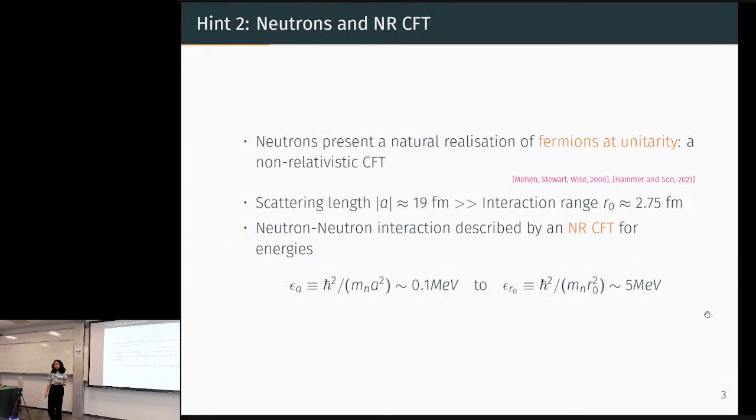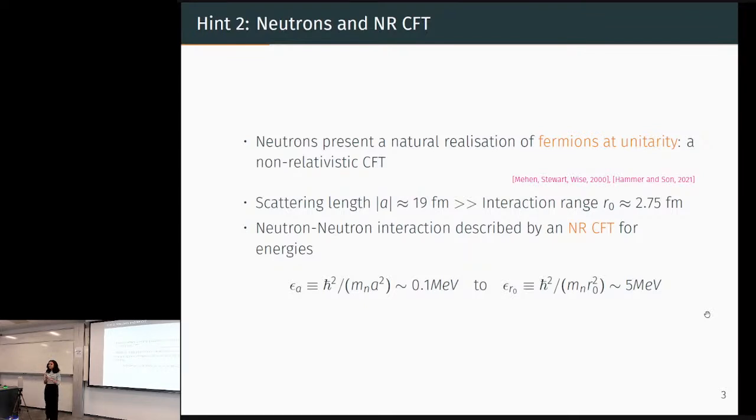The second hint that helps us is to understand this decay process of the neutrons. Before the neutrons become free, they are interacting with each other, and we can understand that interaction by just some natural properties of the neutrons. Neutrons by themselves present a natural realization of what is called fermions at unitarity.